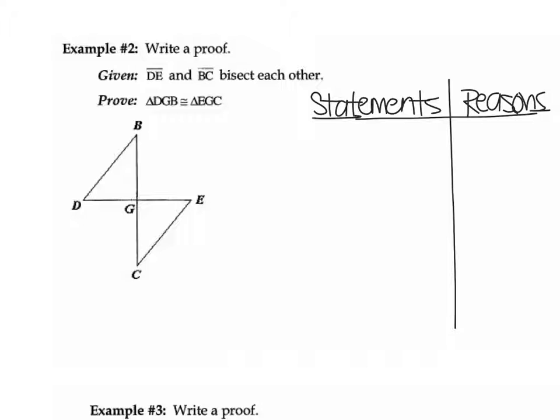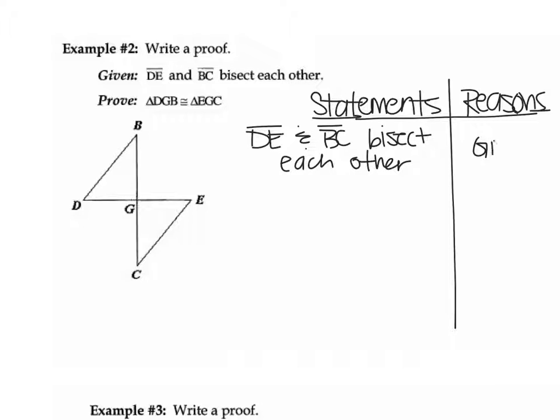And start out with our given that DE and BC bisect each other, which is our given information.